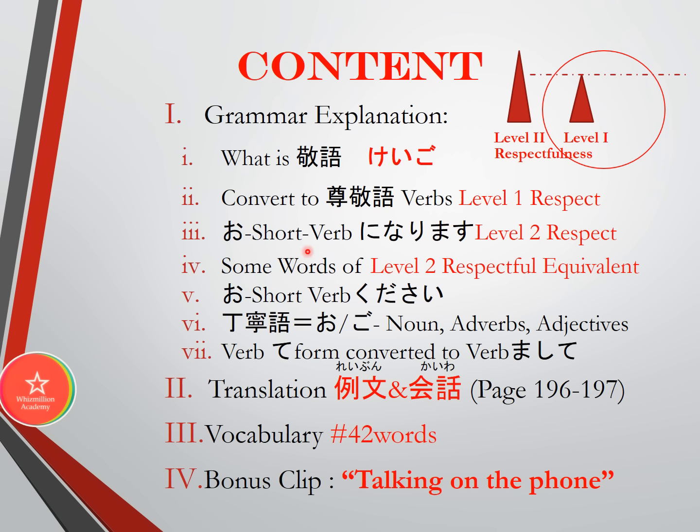Second way, which we call level 2, is by adding ni narimasu at the end of the verb. Level 2 is more respectful than level 1. The third way is to use some of the keigo equivalent words. This third way has the same respectfulness as level 2.